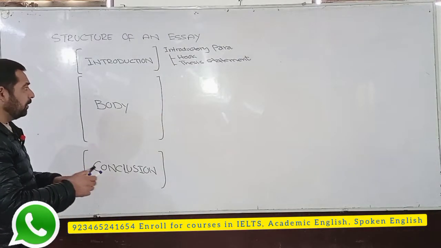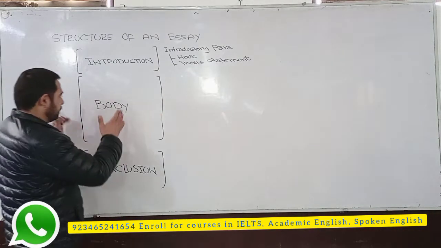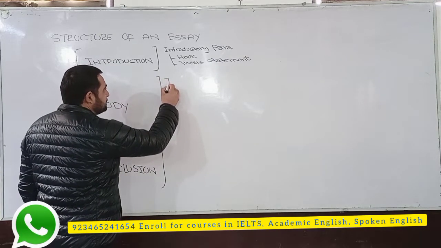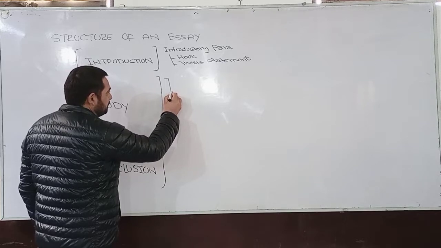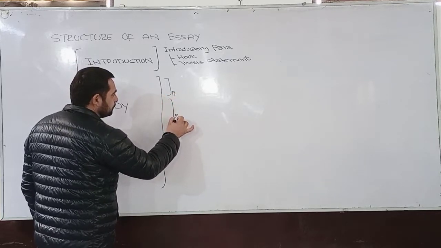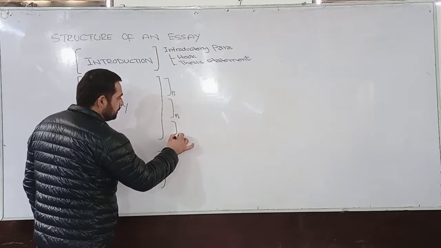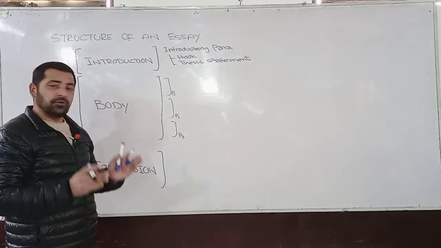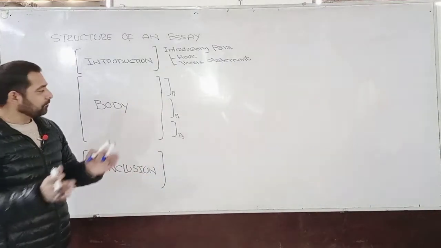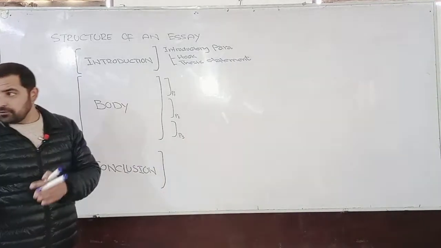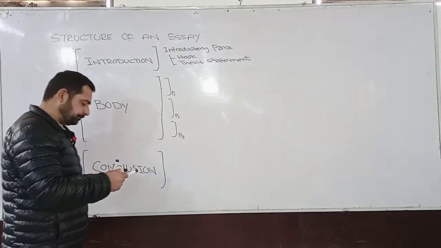Now coming to the body, your body may further comprise some other paras. So let me write P1, P2 and P3. Repeating back, P1 stands for paragraph 1, P2 stands for paragraph 2, and P3 stands for paragraph 3.